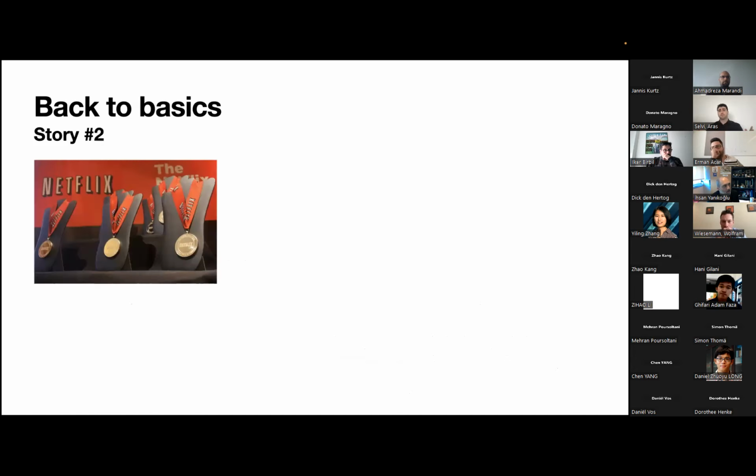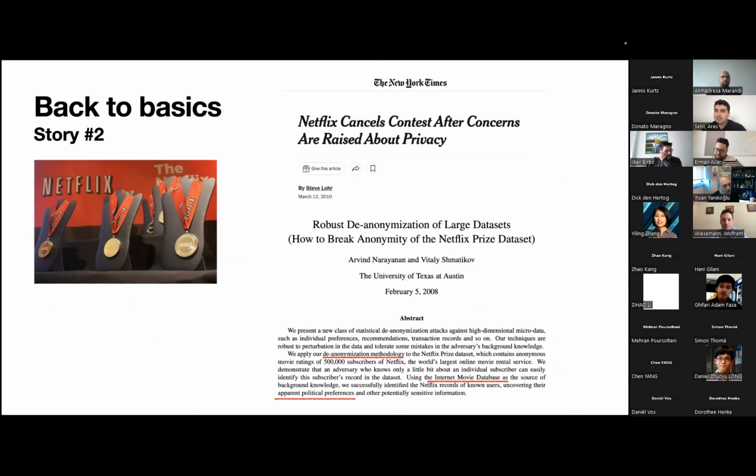And then the second story comes from Netflix. There were some Netflix machine learning challenges where Netflix shares their database of people's rankings of movies, which is of course anonymized. But this whole competition was canceled again within days because people were able to connect this database with the publicly available IMDb database, and they were able to link them and see that someone who on IMDb publicly doesn't show some of the movies they like, on actual Netflix, they do watch them, and this reveals their political beliefs as well.